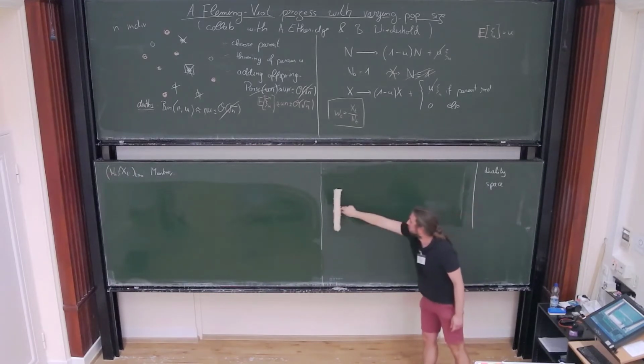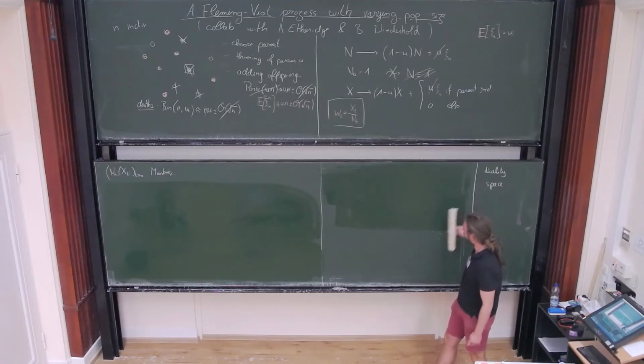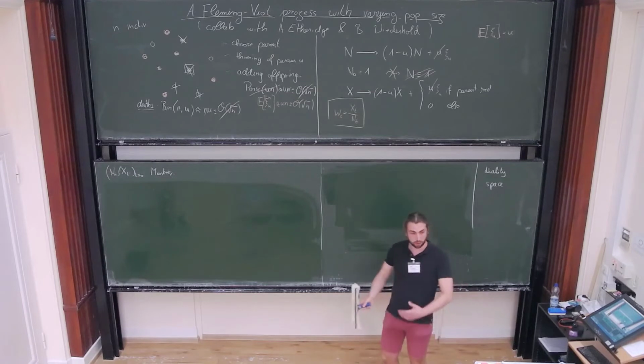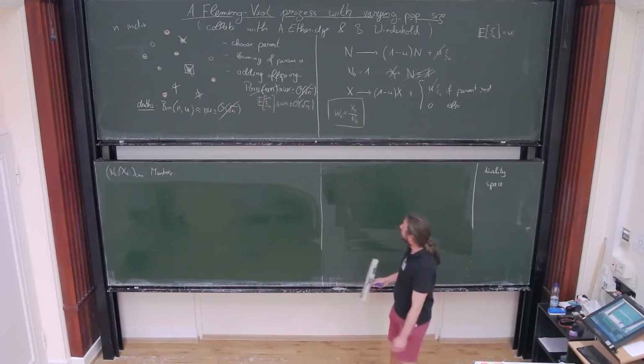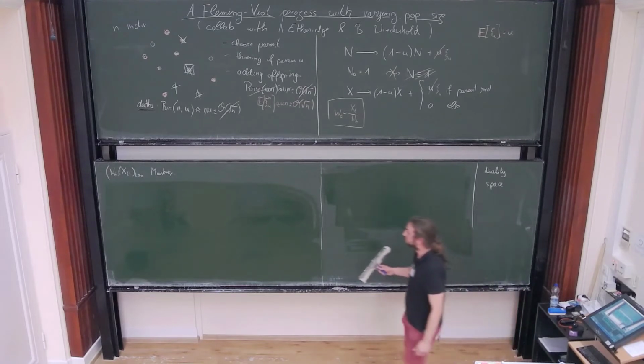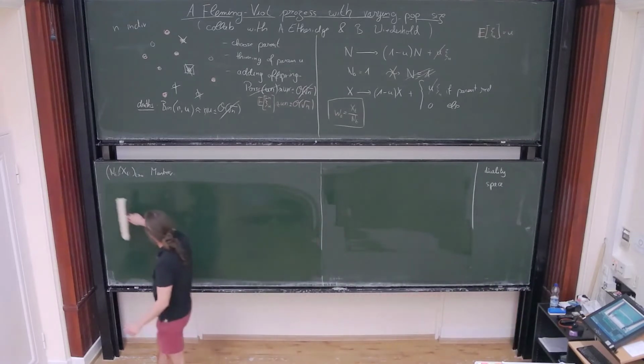Now that we have to keep track of both the subpopulation and the total population process is one, and having this fraction is another. That will be very annoying later on.